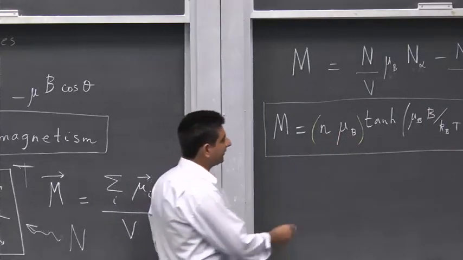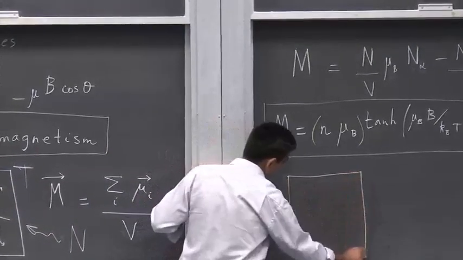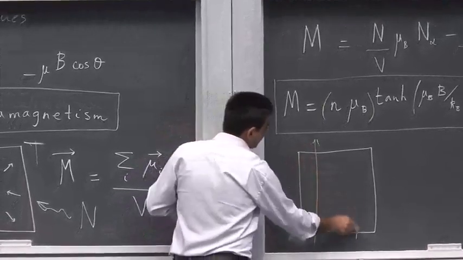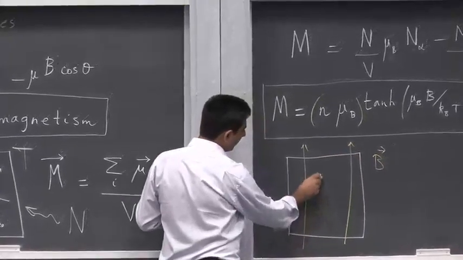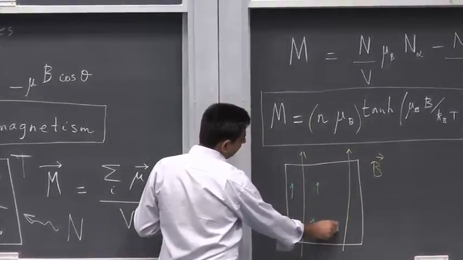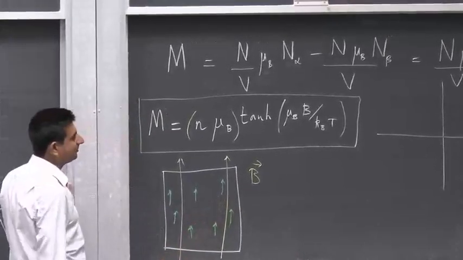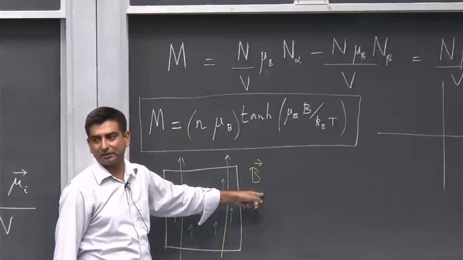So if you had this ensemble in which somehow the field was applied in this direction, B, and all the magnetic moments were also pointing in this direction. This of course can only happen if the field is infinite or the temperature is 0.